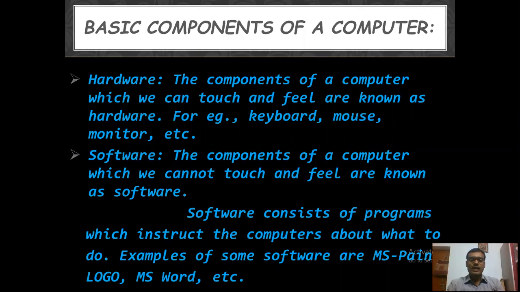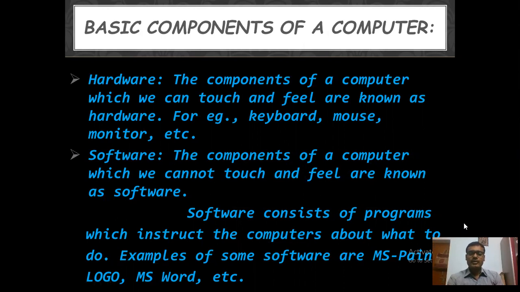Software consists of programs which instruct the computer about what to do. With the help of software, we give instructions to the computer and the computer will understand our instructions. So that's why software is very important for doing any work in a computer. Some examples of software are MS Paint, Logo, MS Word, etc.